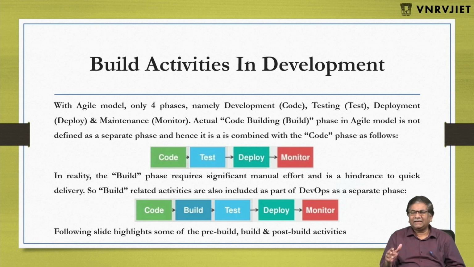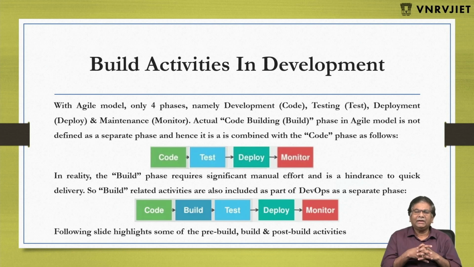Monitoring is basically nothing but maintenance, where it's running and you look into how things are going and monitor. Four phases have been defined in the Agile model. That's where DevOps comes into the picture, because the main aim of DevOps is to make sure that all these phases work as fast as possible, so that we get the code as quickly as possible.